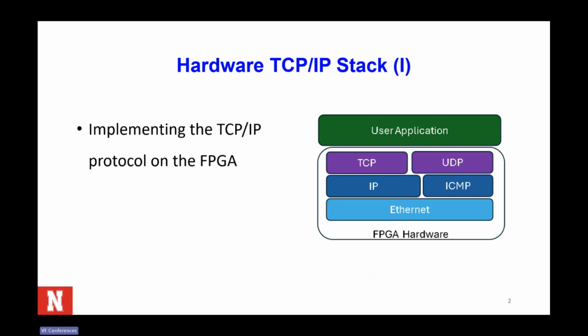What is the hardware TCP stack? The hardware TCP stack refers to the network protocol implemented through hardware. It transfers the network protocol processing functions that are handled by the software on the CPU to FPGA.